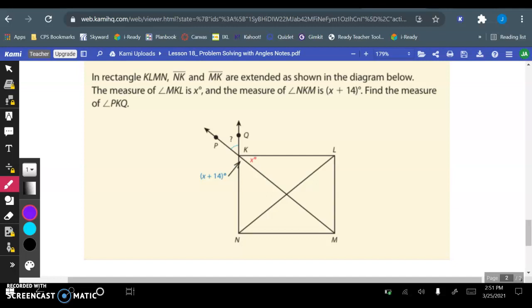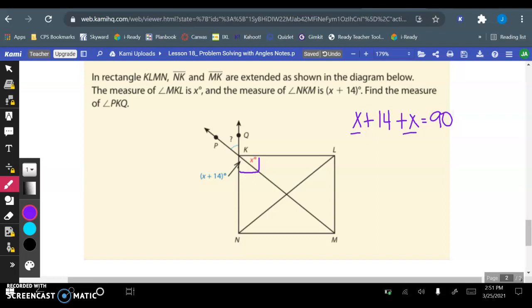It is going to be the exact same as that x plus 14, but we need to know what x is first. Since we know these two form a 90-degree angle there, we can do x plus 14 plus x and get 90 degrees.